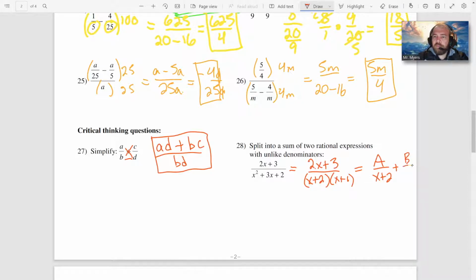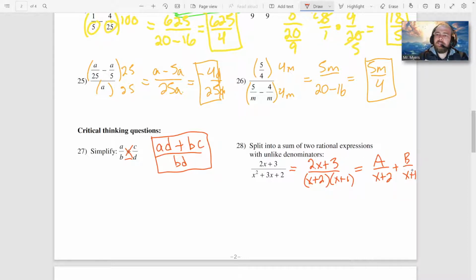So that you have 2 things, and we'll call them A and B. And then the denominators would be x plus 2 and x plus 1. Well, if you think about it, what we would normally do is crisscross applesauce, right? So we would do like A times x plus 1, plus B times x plus 2, all over x plus 2, x plus 1.